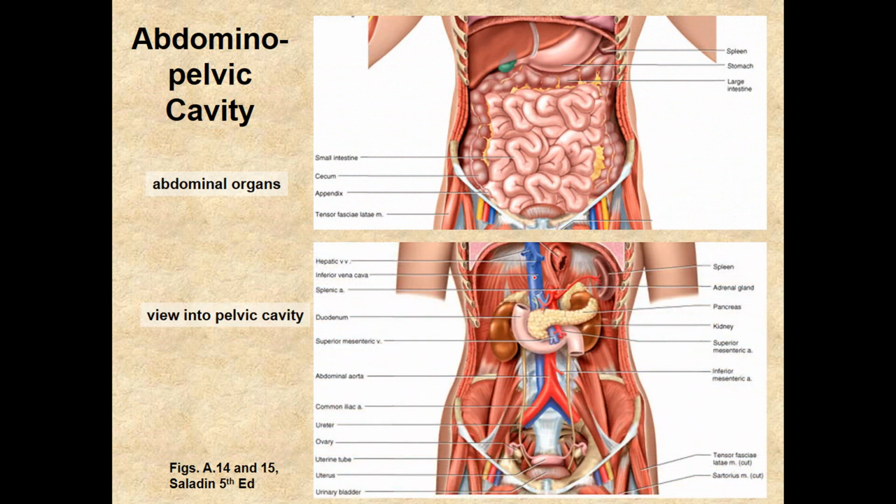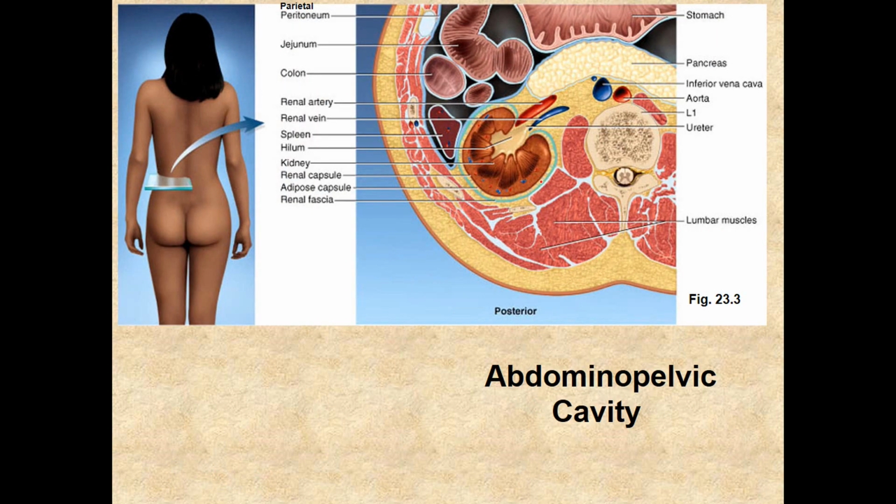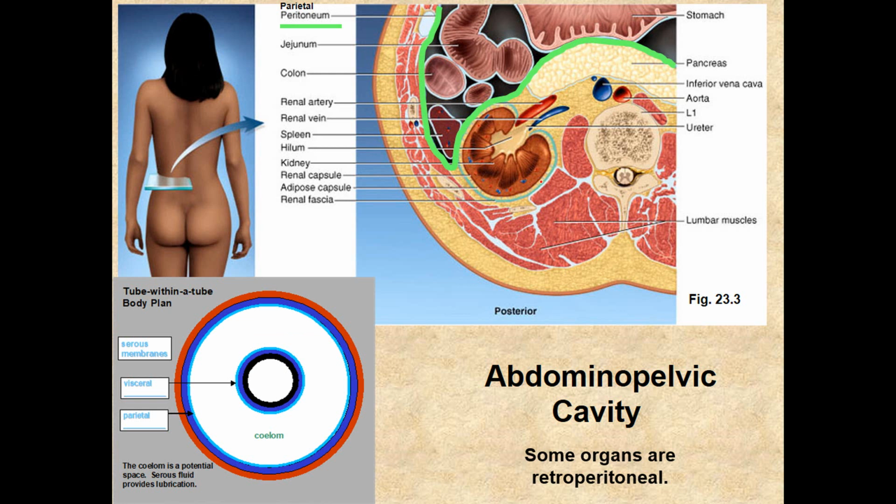So this is just showing a view into the pelvic cavity here and these abdominal organs here that are in the abdominal area. Just quickly want to mention that we do have some organs that are retroperitoneal. I think it's going to be highlighted. It is.